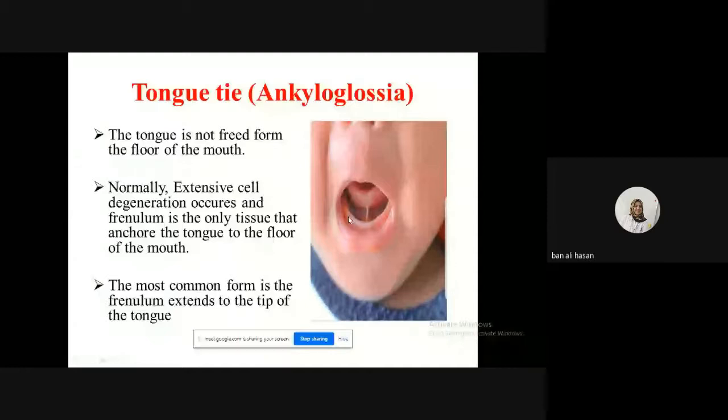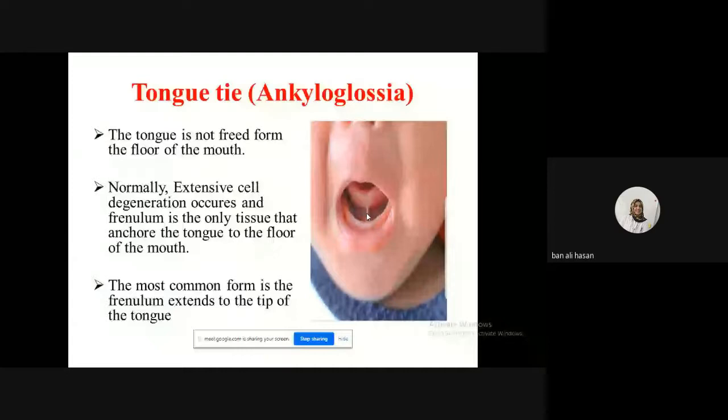Okay, so normally whenever the tongue is forming, as we mentioned before in the previous lecture, some swellings will be fused and found in the floor of the mouth, but by the time, the tongue is connected to the floor of the mouth by some tissues.